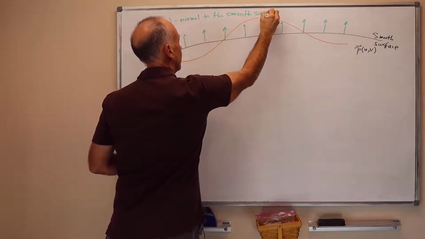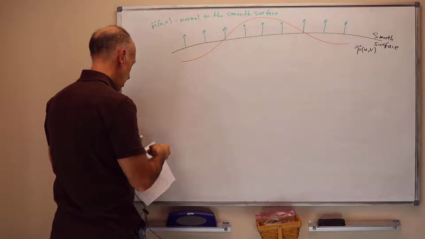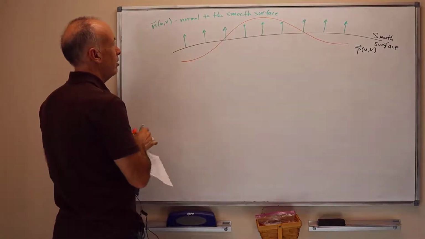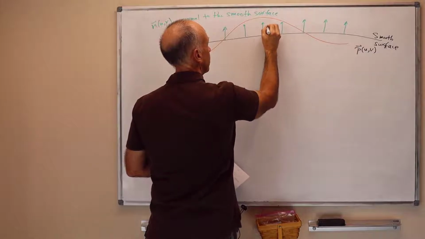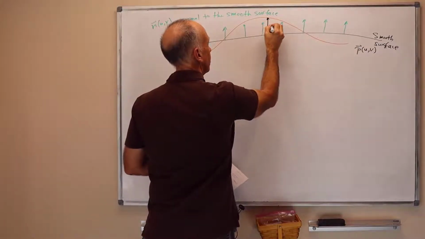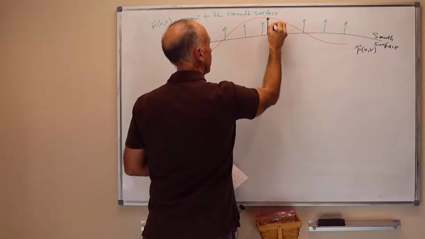I've drawn those in green. And then I'll take the displacement value. The displacement from the smooth surface to the perturbed surface will be some value d times n.